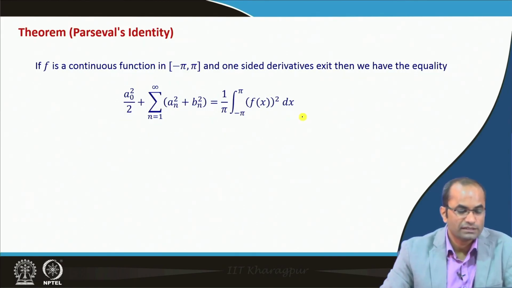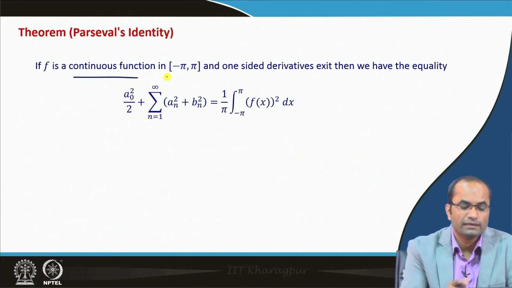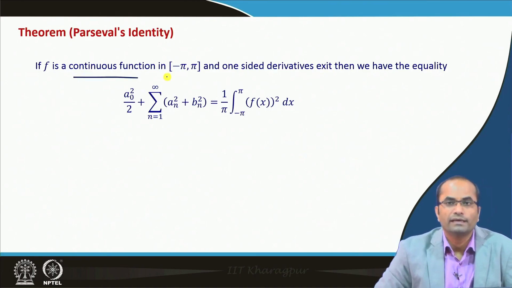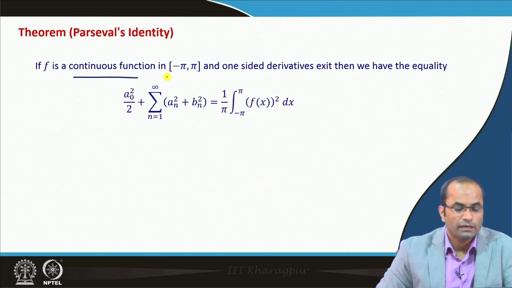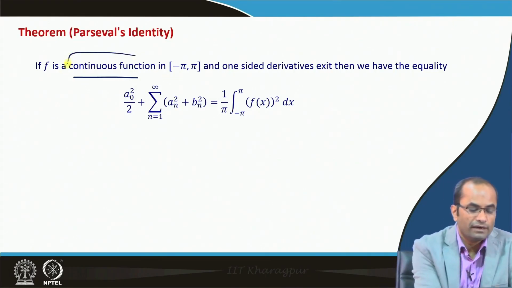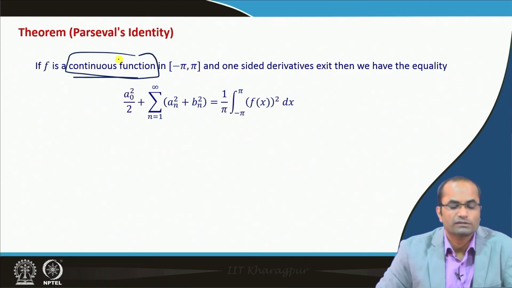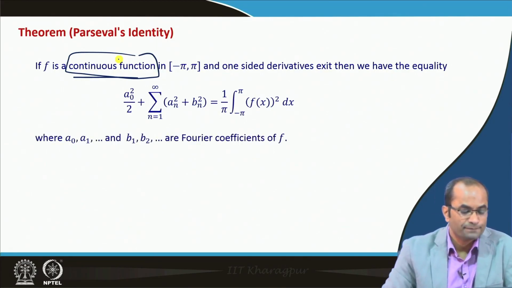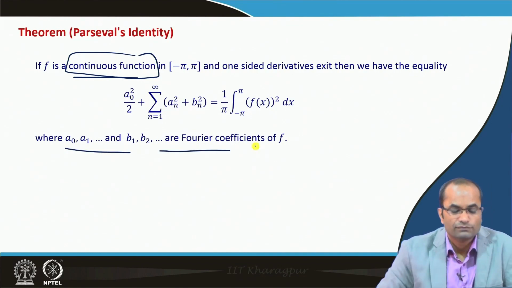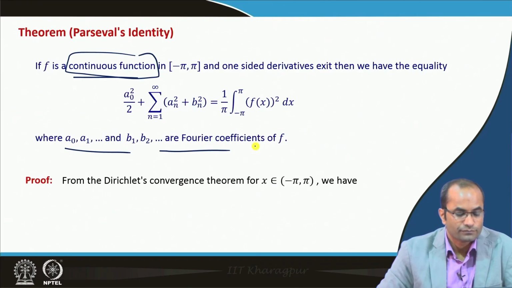So, this is the Parseval's identity, which is exactly valid under the same assumptions as Bessel's inequality, but here we have restricted the function a bit more for the simplicity of the proof, and these are exactly the Fourier coefficients of the function f.